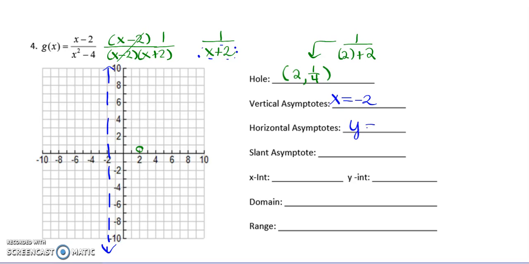So that's when we have y equals 0 and no slant. So we have the x-axis as our horizontal asymptote, okay? And you don't have to draw the dashed line over that as long as you know that's where your asymptote is, because it doesn't hardly show up on your paper anyway when you try to draw the dashes.